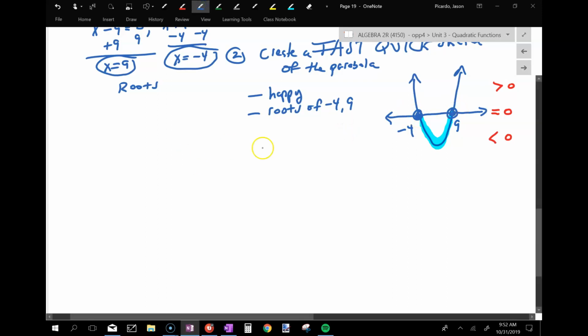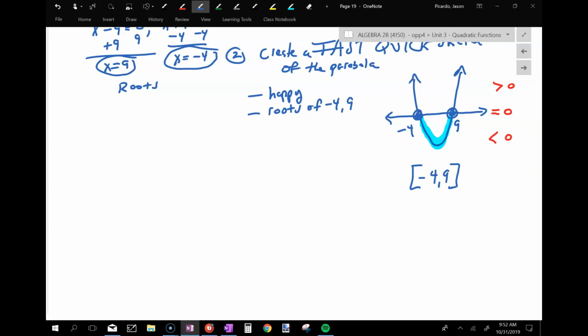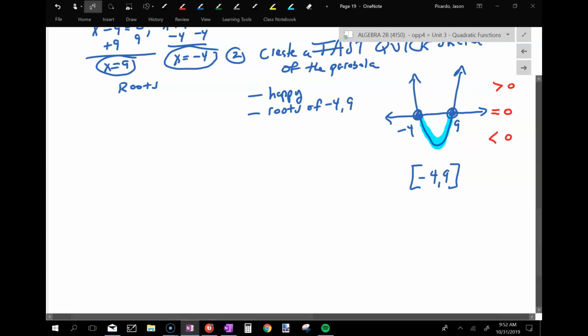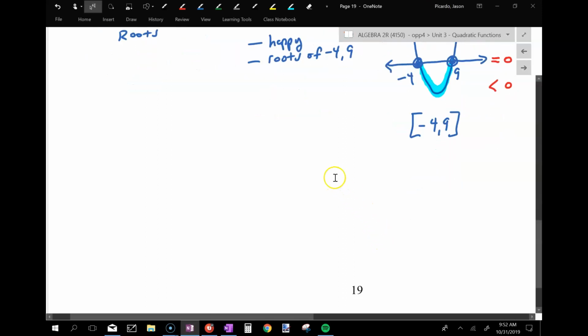So my answer to this problem starts at -4 and ends at 9. Why did I use brackets? Because I'm allowed to equal the solution. Equal 0, right? Good?